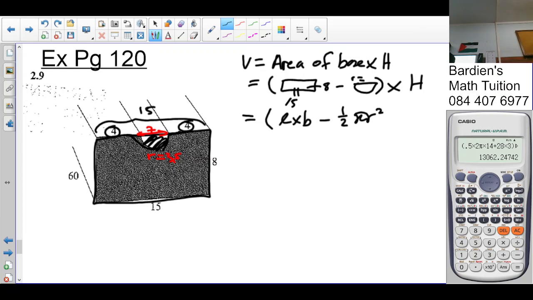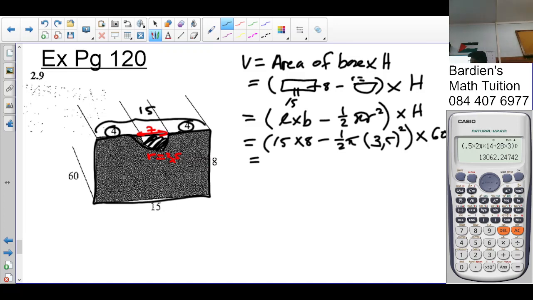But it's half of it, not so? Times height. So what's the length? 15 times the breadth, which is 8, minus half pi. What's the radius? 3.5. Squared times height, which is 60.